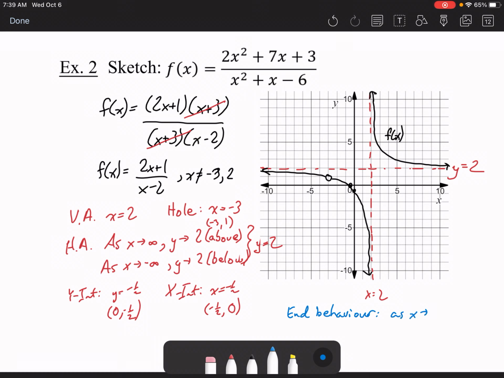As x approaches 2 from the right, written with a plus sign as an exponent on the 2, the y values get closer and closer to positive infinity. And as x approaches 2 from the left, y approaches negative infinity. So these are ways that we can describe the end behavior of the function and work out what this graph would look like.